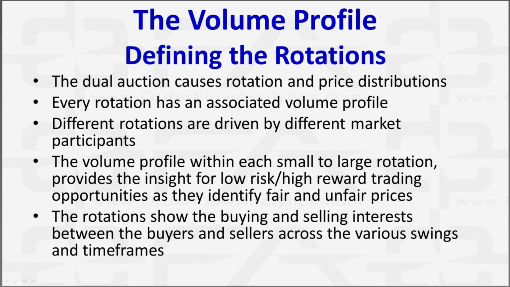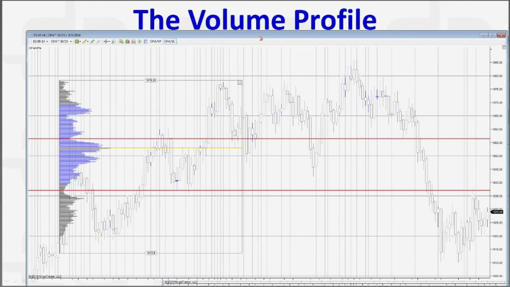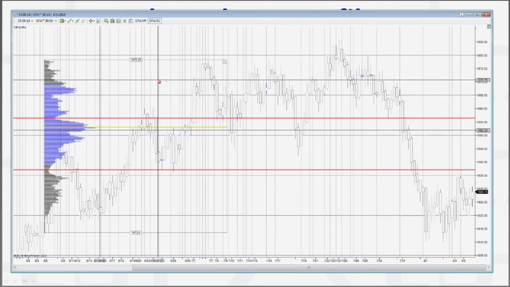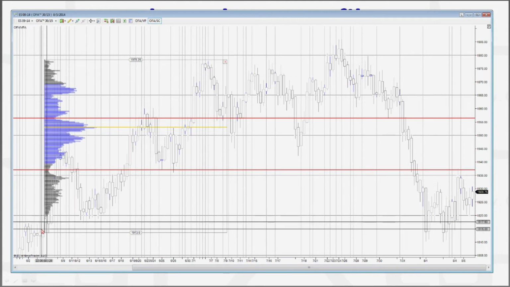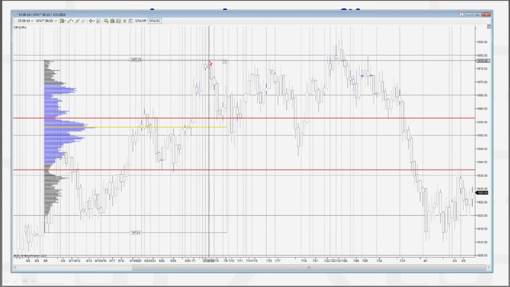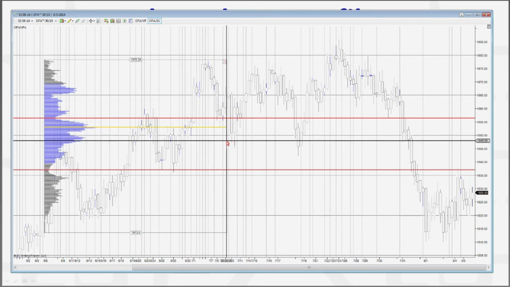So what does all that mean? They're all great words, but what does it mean in a chart? What does it mean to us as traders? Get rid of these two profiles here. Okay, let me go back to this. And I built a volume profile as price started moving up to this swing high and just beyond it.